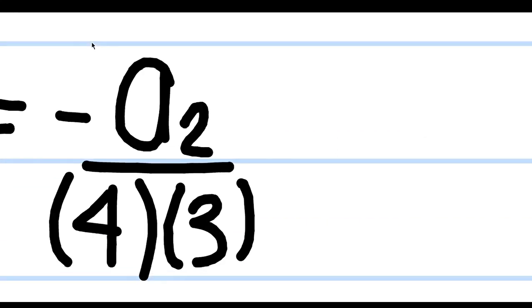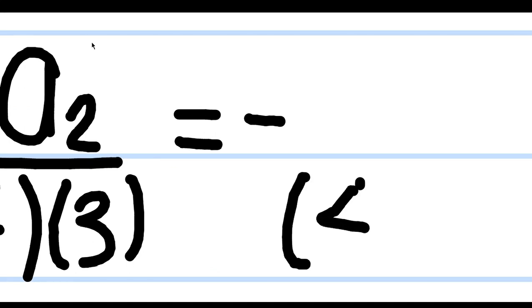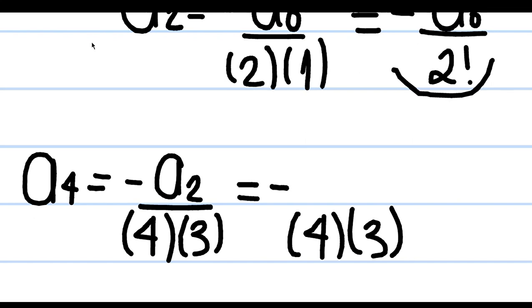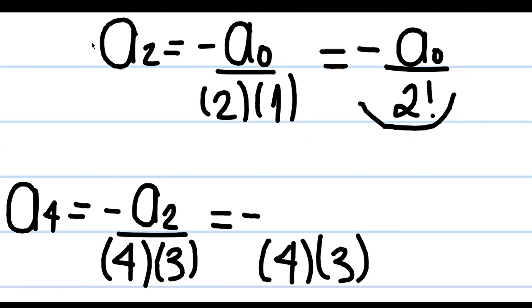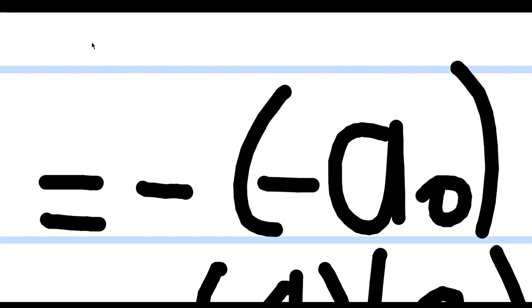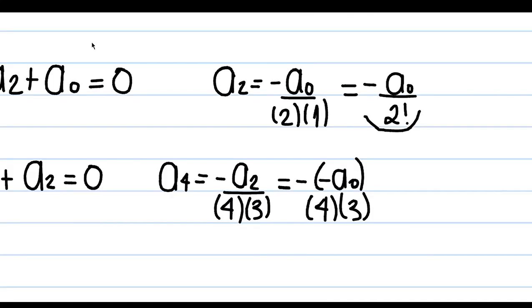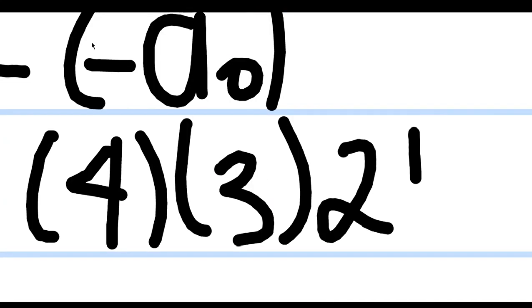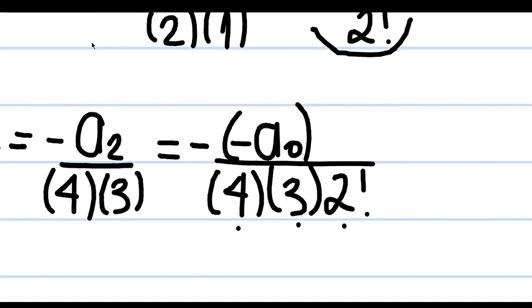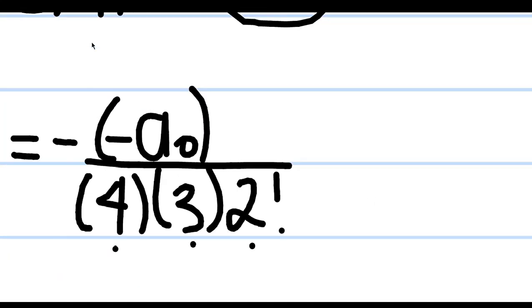So, minus over 4 times 3, a sub 2 is minus a sub 0 over 2 factorial. And 4 times 3 times 2 factorial is 4 factorial.